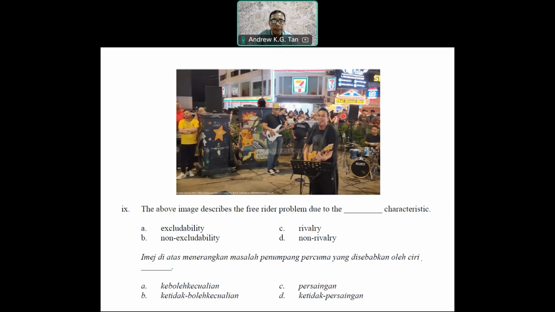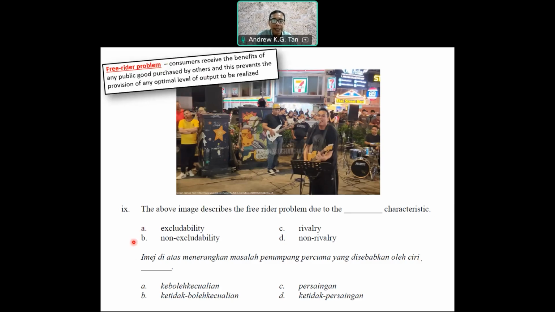The free rider problem here is that anybody can just stand by the roadside and listen to Bob singing, right? Nobody can be excluded from standing on Jalan Bukit Bintang, Star Hill. So this is a problem of free rider, because due to the what characteristic? Excludability, non-excludability, rivalry or non-rivalry characteristic.